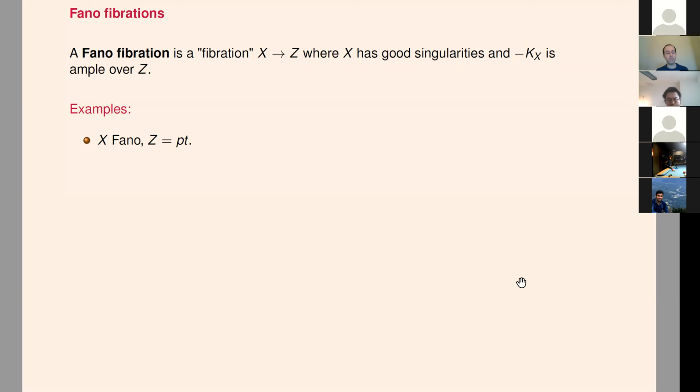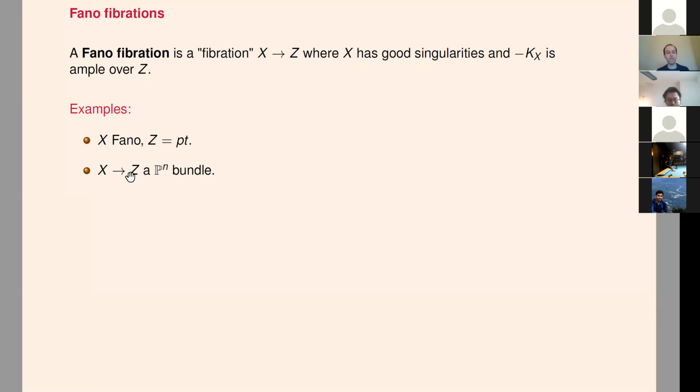If we take X to be Fano, the usual global Fanos, and you take Z to be a point, and the map X to Z to be the constant map to a point, then you already have a Fano fibration. So this is a trivial example. Another example is if you start with Z, and then you take a vector bundle over this Z and the projective bundle associated to this vector bundle.